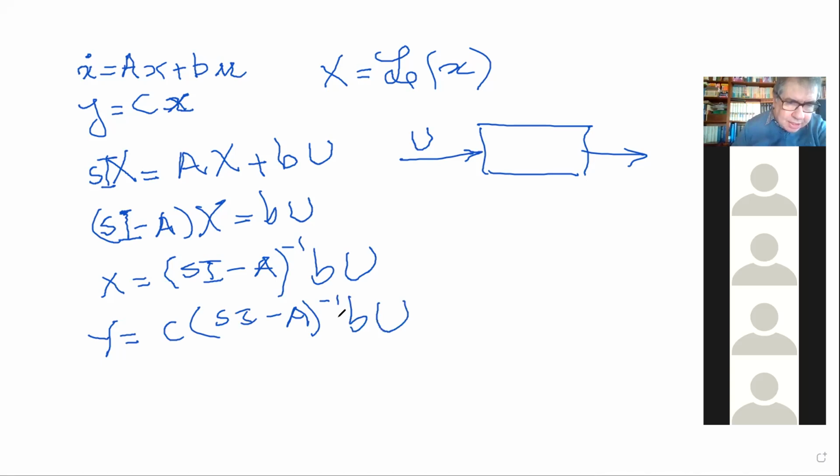So the transfer function is what? C times (SI minus A) inverse times B. Okay, so we get the transfer function.